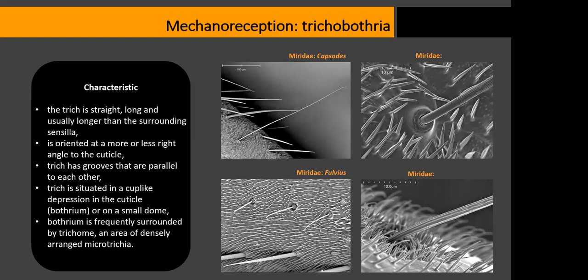Its surface is characterized by parallel grooves. The bothrium is frequently surrounded by a trichome, an area of densely arranged microtrichia. Despite many characteristic features, trichobothria show considerable diversity. For example, on the Miridae femora, we can find those with a typical structure as well as reduced ones.